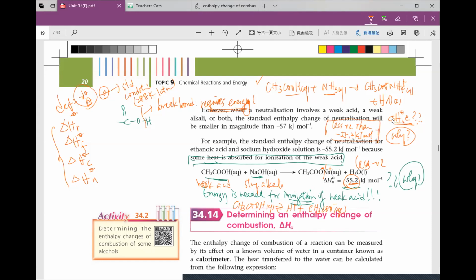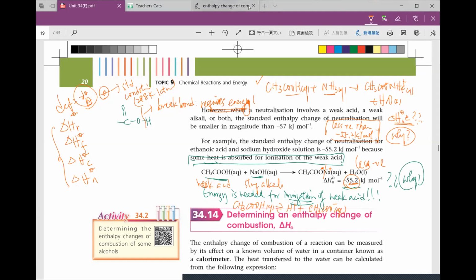What do you think would be the reason? Anyone who can help with the reason? Trần Xuân Thanh. Okay, that's true that this one is less negative than minus 55.2 kilojoule per mole.